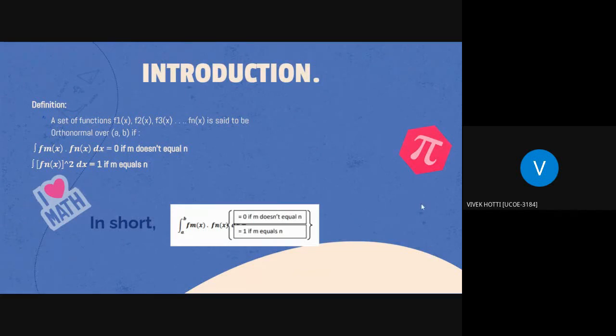In other words, we paraphrase the above statement: the integral of fm(x) multiplied by fn(x) dx equals 0 if m doesn't equal n, and the integral of fn(x) the whole squared dx equals 1 if m equals n.